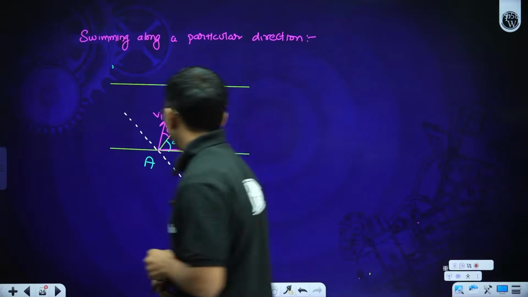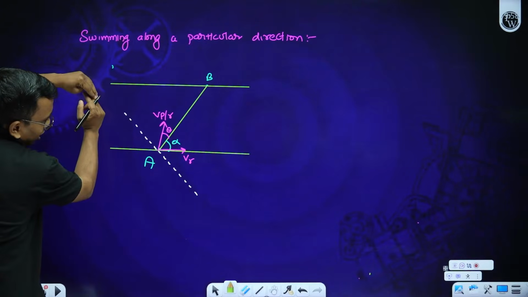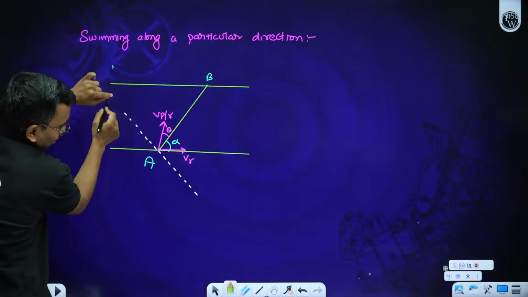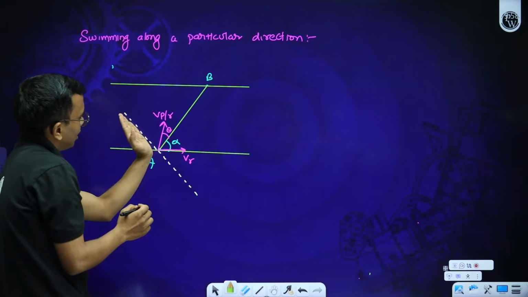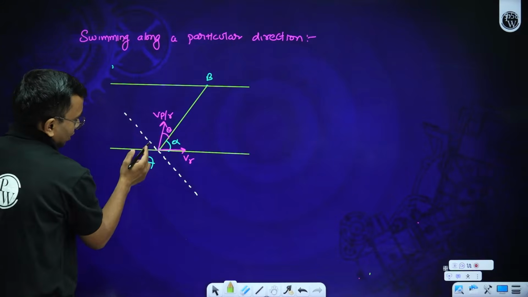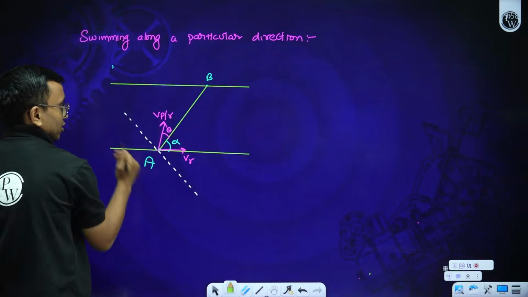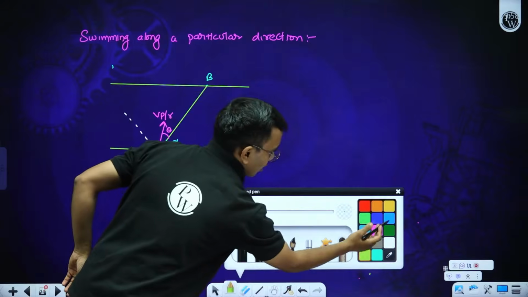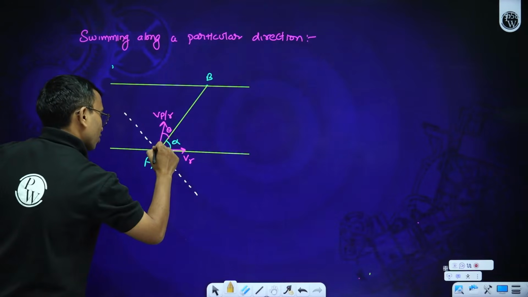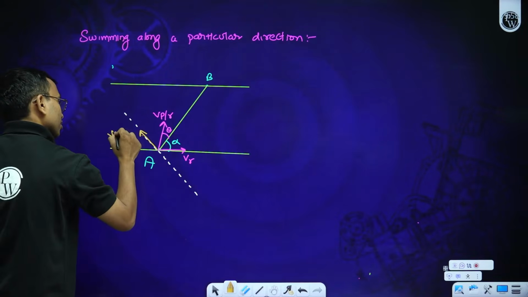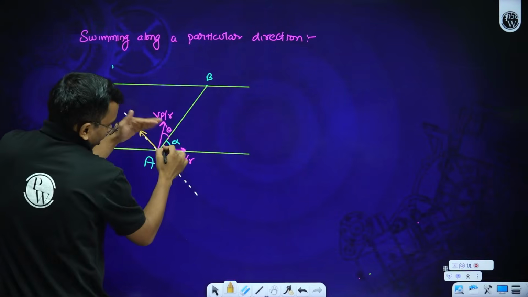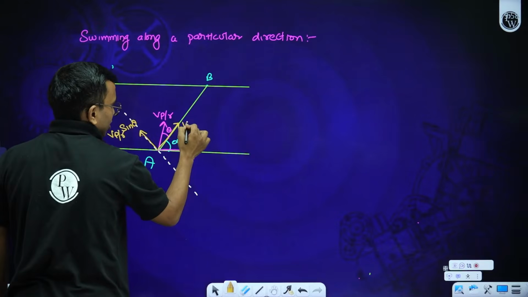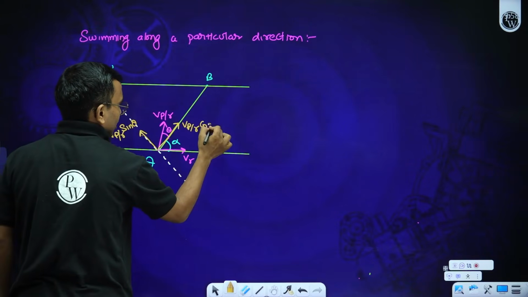So the resultant velocity perpendicular to AB should be 0. Perpendicular to AB, the component of the velocity of the person with respect to the river will be velocity of person with respect to river sine theta. The component along AB will be velocity of person with respect to river cos theta.